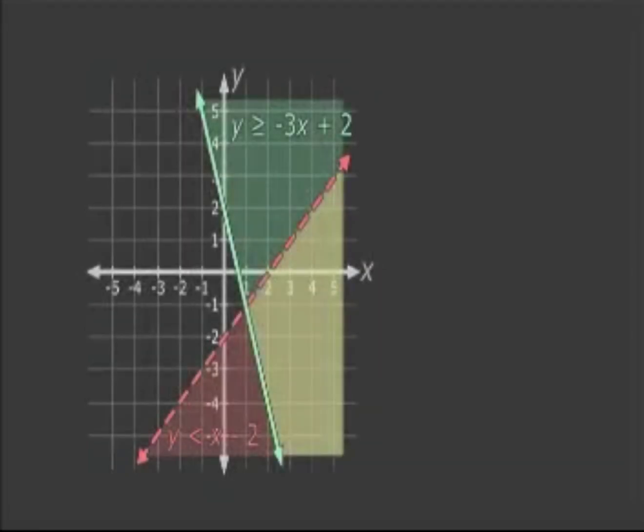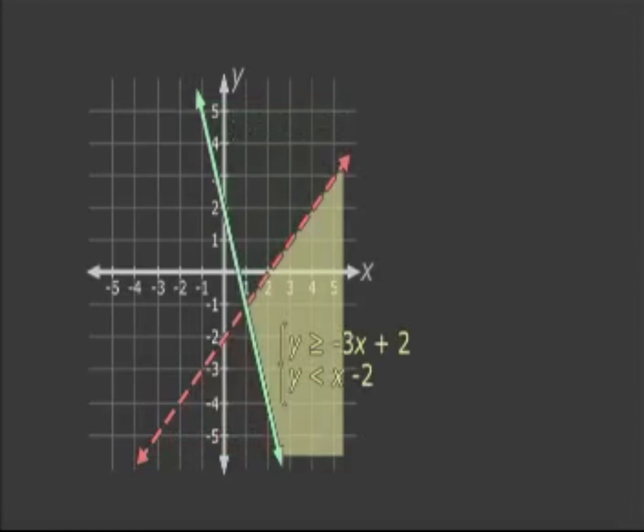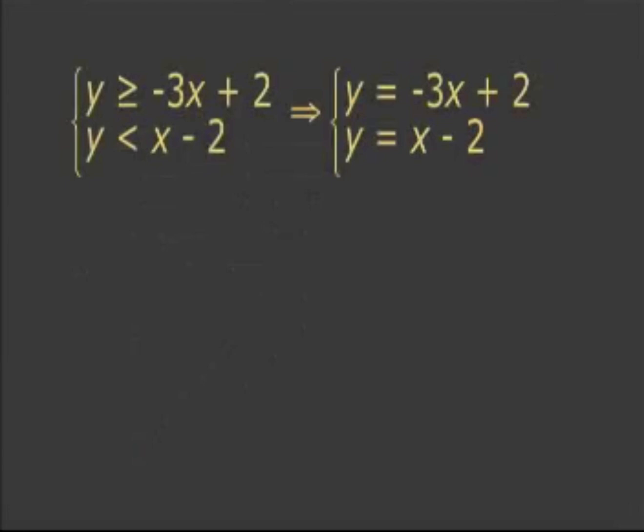Now, let us draw both graphs on the same coordinate system. The section of the coordinate system that is marked by both graphs is the solution set for the system. Solving the system for x, we see that -3x plus 2 equals x minus 2.